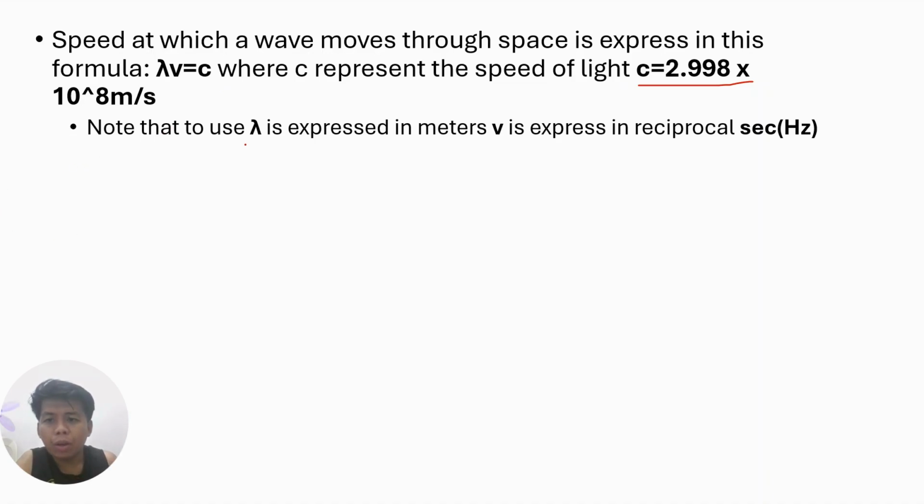So note that our wavelength is expressed in meters. To use this formula, lambda times v is equal to c, our wavelength must be expressed in meters and our frequency must be expressed in the reciprocal second, hertz, which is in the form s to the power of negative 1.